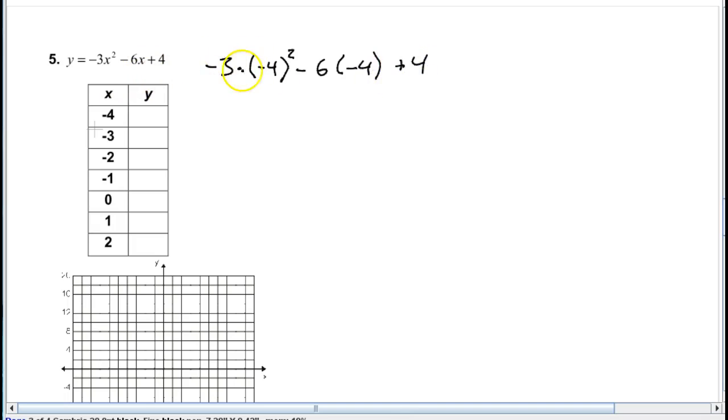Very important, don't do -3 times -4 and get 12, and do 12 to the second power and get 144. That will throw all of your work off. So you got to do the exponent only first. Right? Exponent only first, and then do the multiplication.